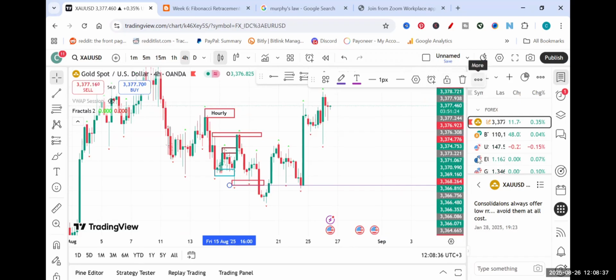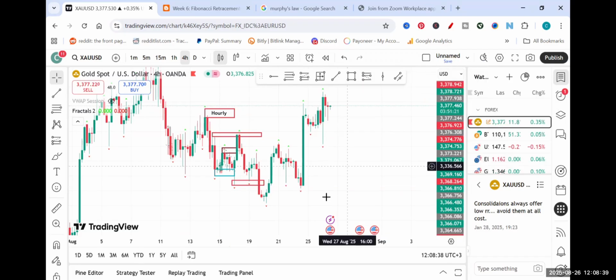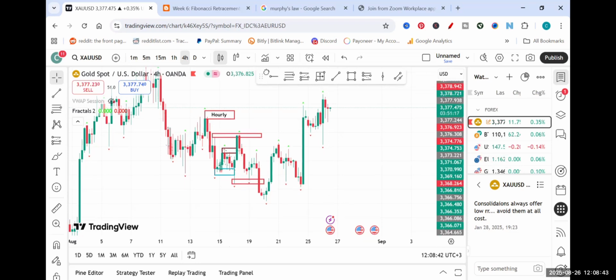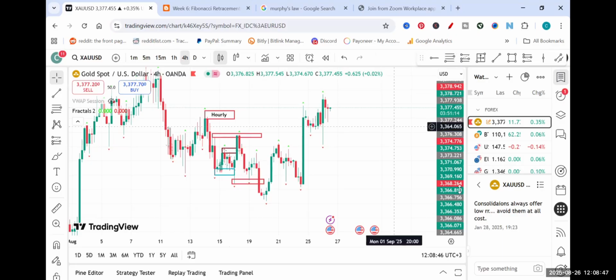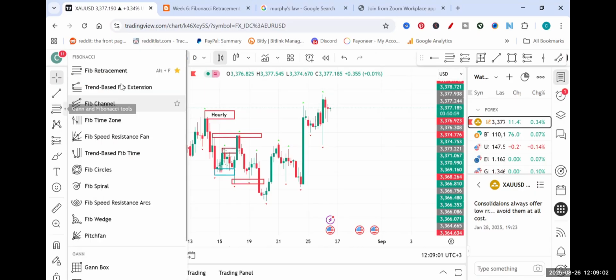Okay. Hide. So for example, first of all, when we are using Fibonacci retracement, the first thing you need to do is go to this third button, the one that has lines. When you click it, it's called the Gann and Fibonacci tools.